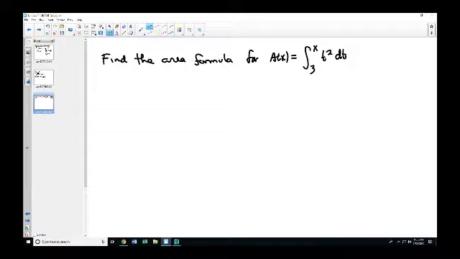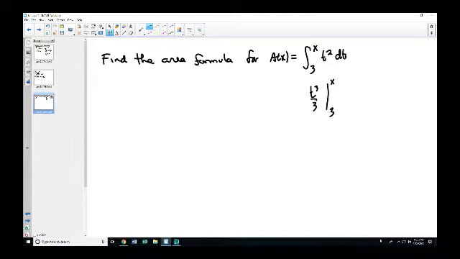So you have the function, the parabola, t squared, and then you're going from 3 to some x value. So what's the antiderivative of t squared? Evaluated from 3 to x.